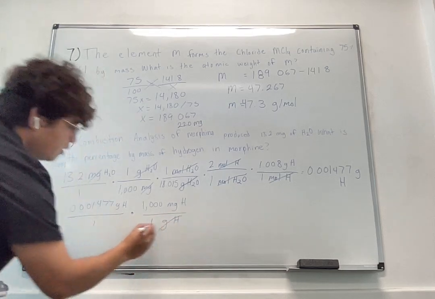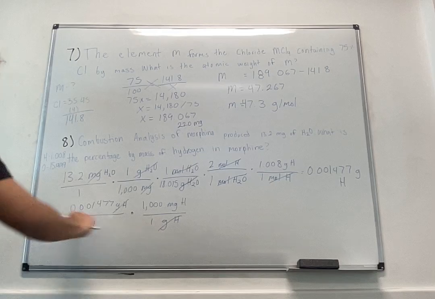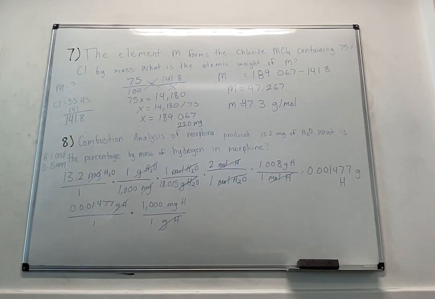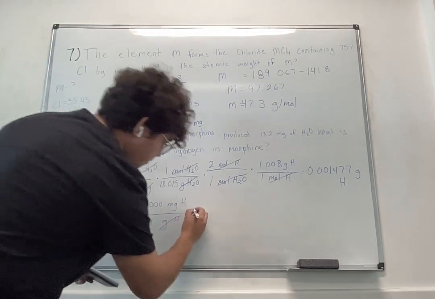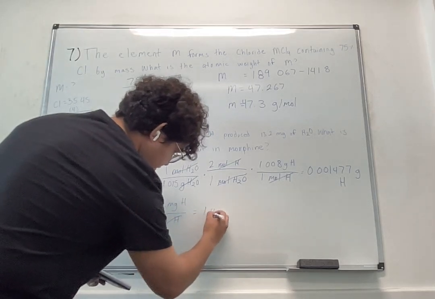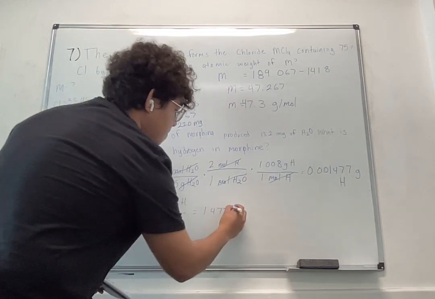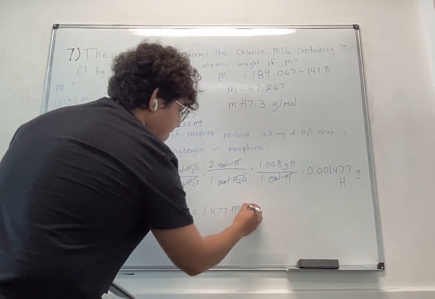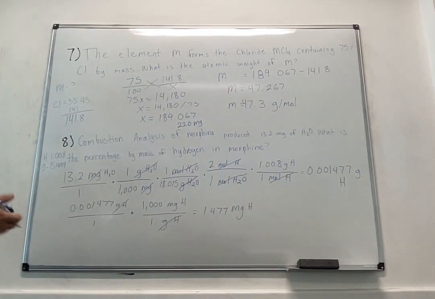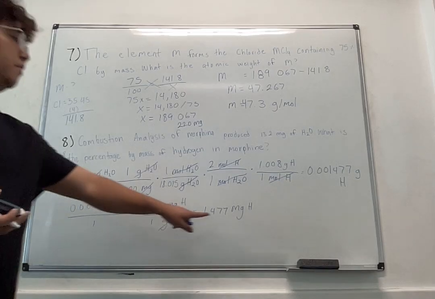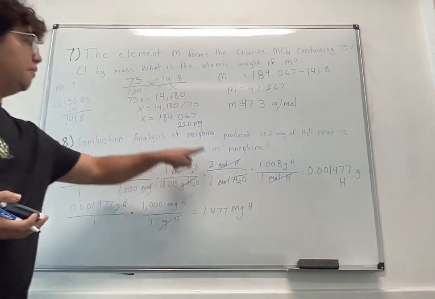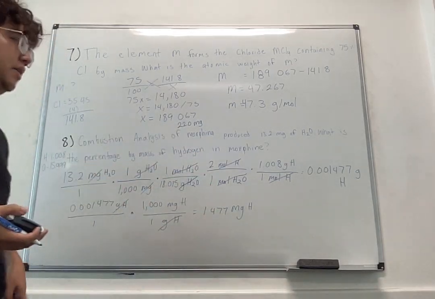So here, grams cancel out. We end up with milligrams. We end up with 1.477 milligrams of hydrogen.